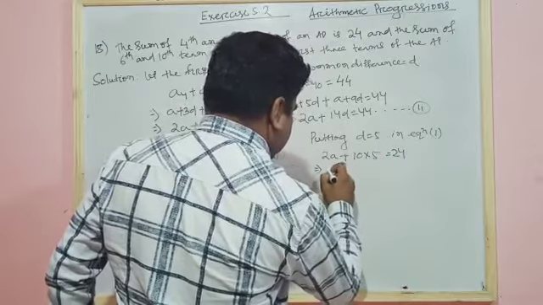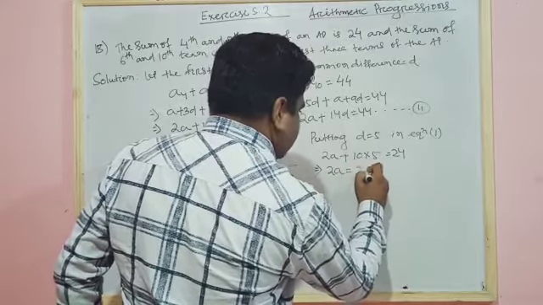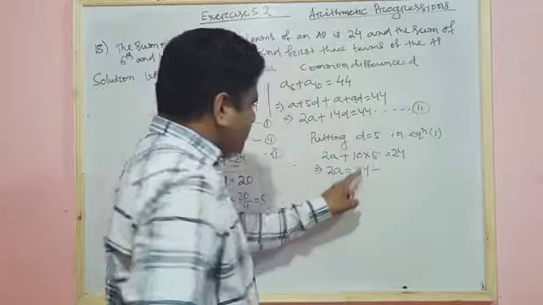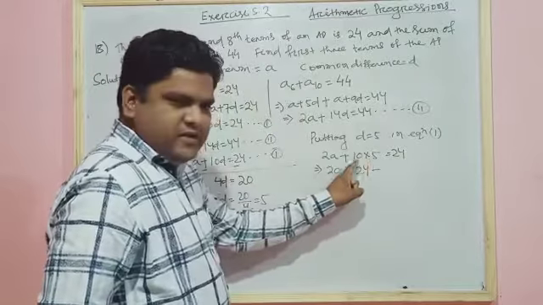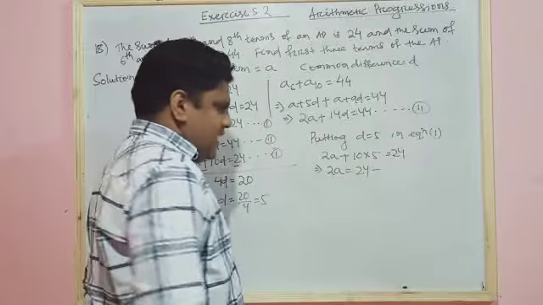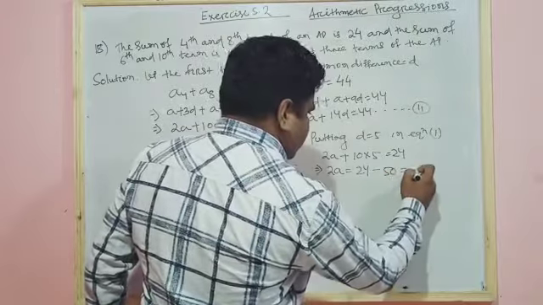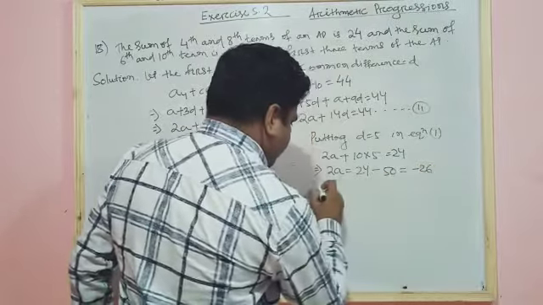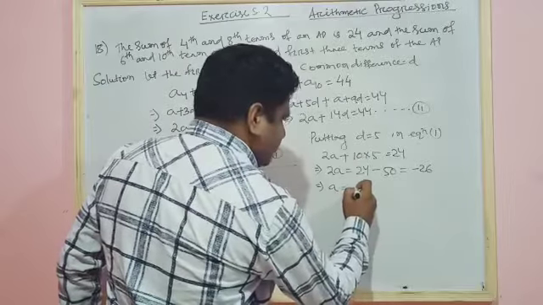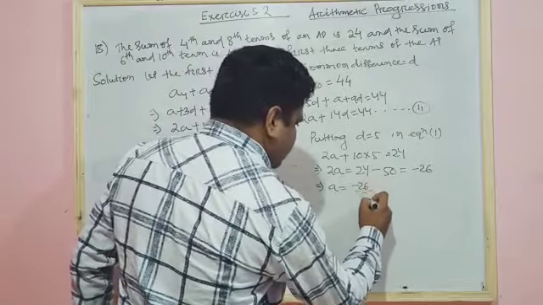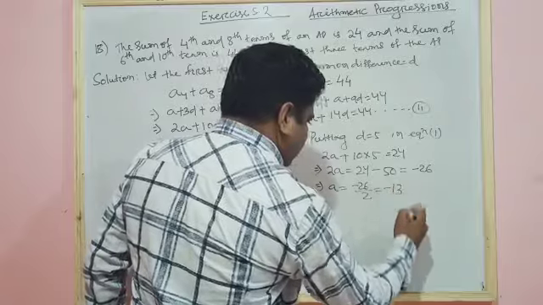So this implies that 2a equals 24 minus 10 into 5, which is 50. 50 will be subtracted on the RHS. 24 minus 50 is minus 26. So this implies that a equals minus 26 by 2, equals minus 13.